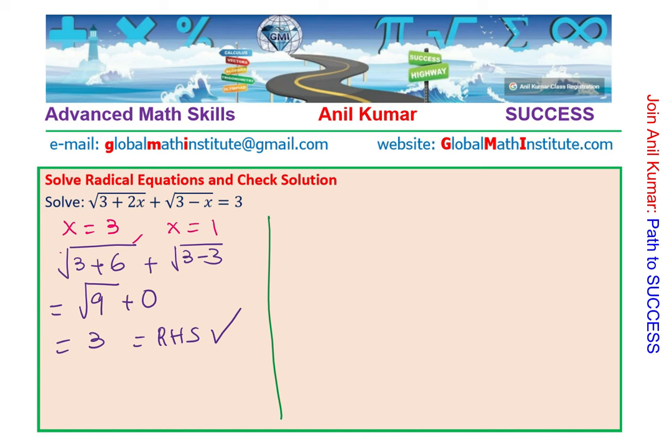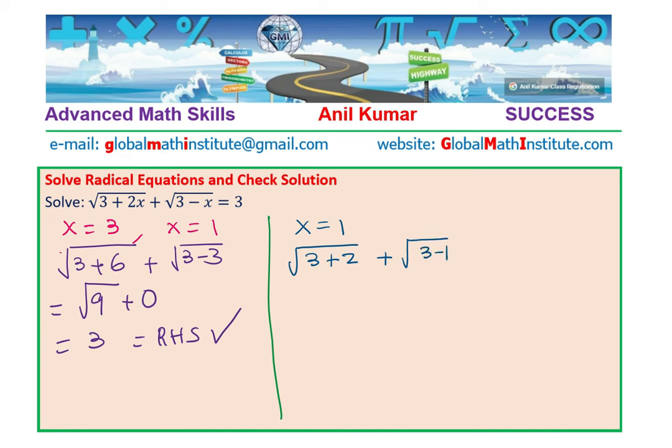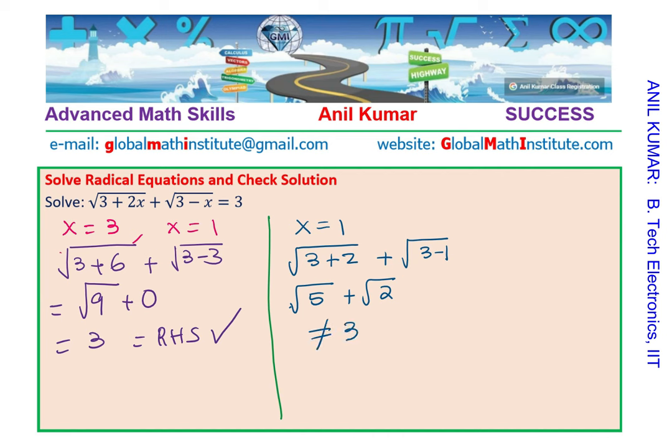So now let's check for x equals 1. If I substitute 1 here, I get square root of 3 plus 2, plus square root of 3 minus 1. So which is square root of 5 plus square root of 2. Now this is not equal to 3, correct? So that is not a solution. Perfect.